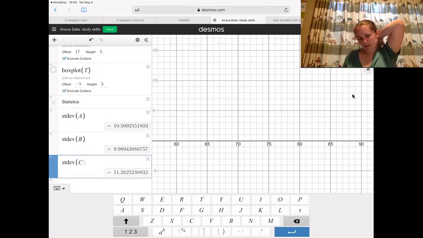So we have a standard deviation of 10.5, about 10.0 more or less, and about 11.3.